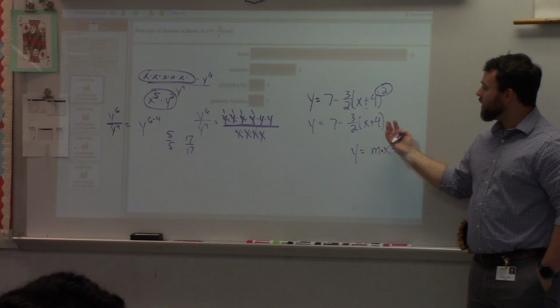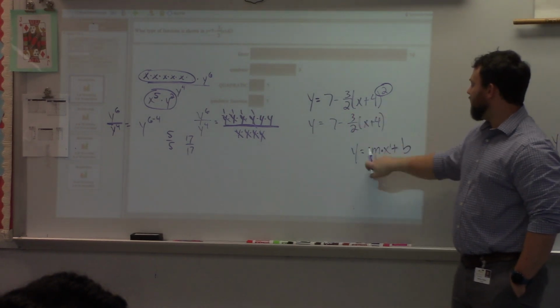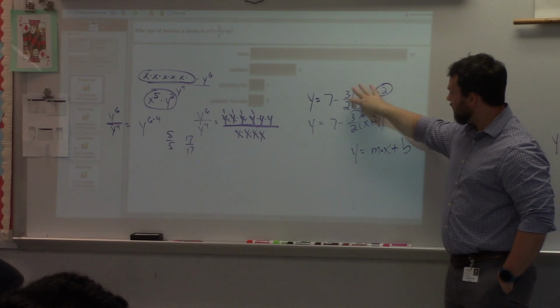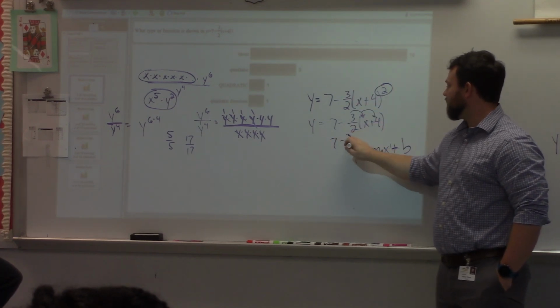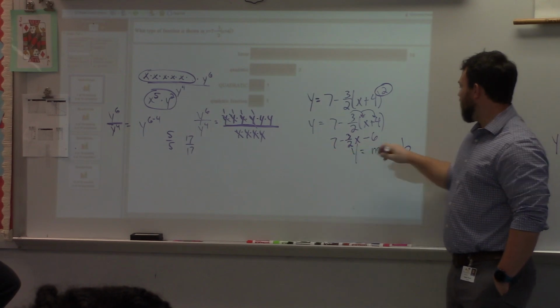It's actually something known as a point slope form of a line, or a version of it, but this is slope intercept. But you can distribute here. You can't distribute up here, we'll talk about why later, but you can distribute in this case. And this would come out to be 6. 7 minus 6 is 1.